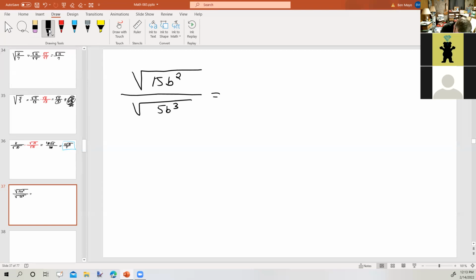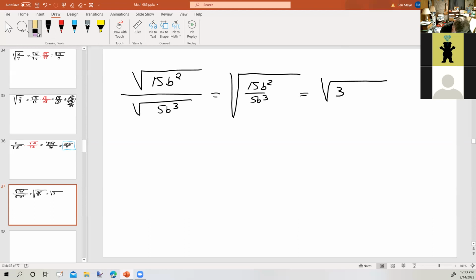One thing I could do is I could put them together, 15b squared over 5b cubed. I could then reduce this down to, I need a bigger radical there, the square root of 3 over b, because 15 over 5 is 3 over 1, and b squared on top, b cubed on the bottom gives me a b on the bottom.